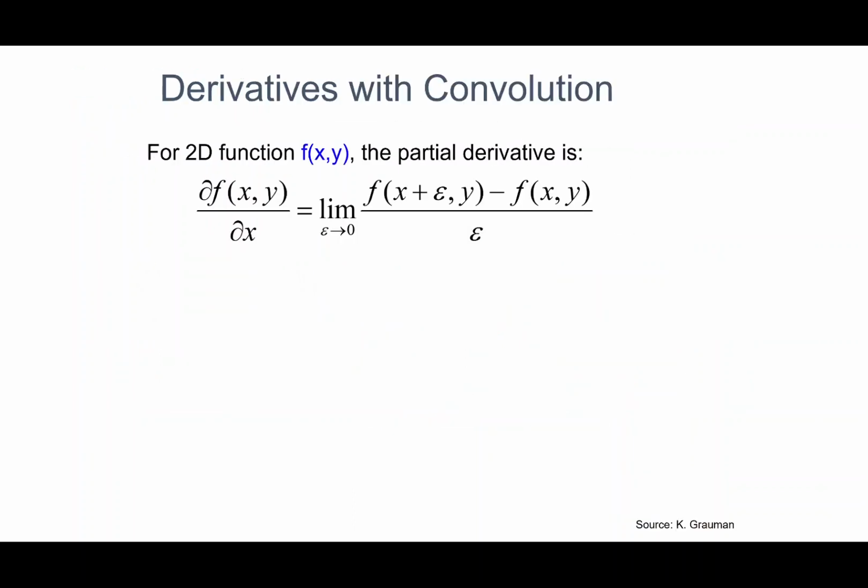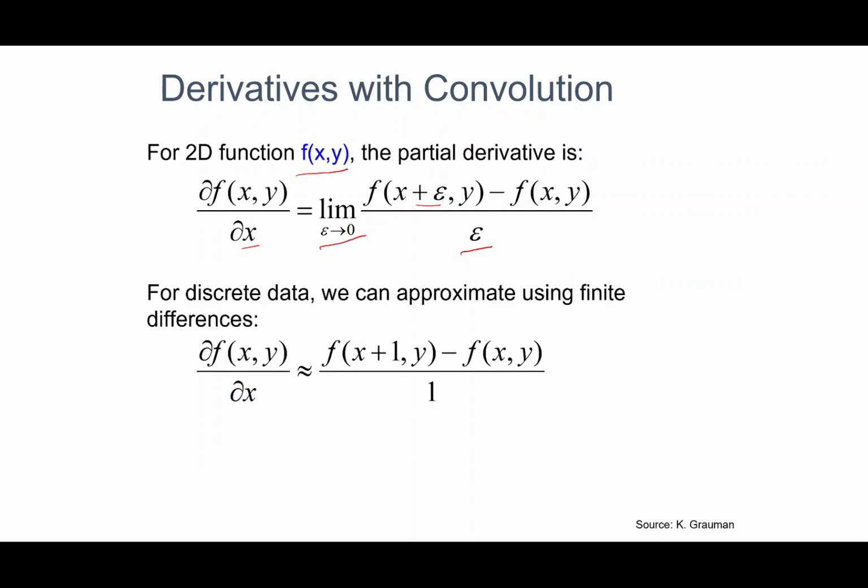All right. So to do a derivative with convolution, we take this image as f(x,y), a two-dimensional function, and then we want to compute the partial derivative with respect to x, which is actually we increment x by a small amount epsilon, subtract f(x,y) at that location, and divide by epsilon and set the limit to 0, the definition of the partial derivative.